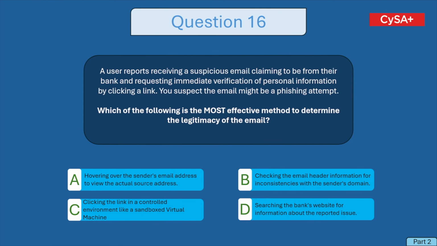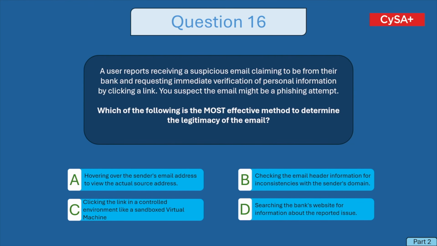Question 16. A user reports receiving a suspicious email claiming to be from their bank and requesting immediate verification of personal information by clicking a link. You suspect the email might be a phishing attempt. Which of the following is the most effective method to determine the legitimacy of the email?